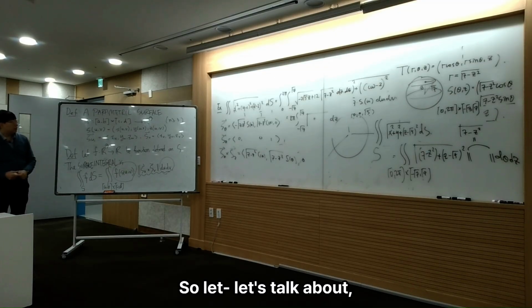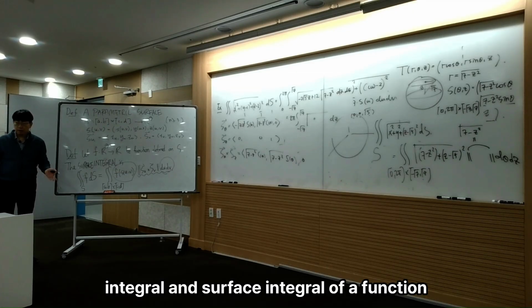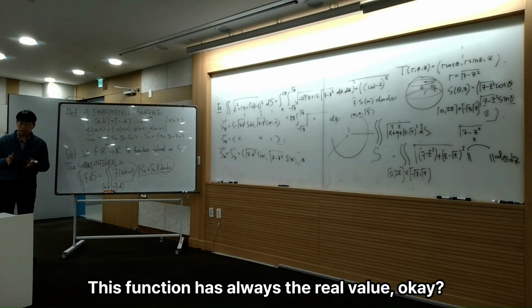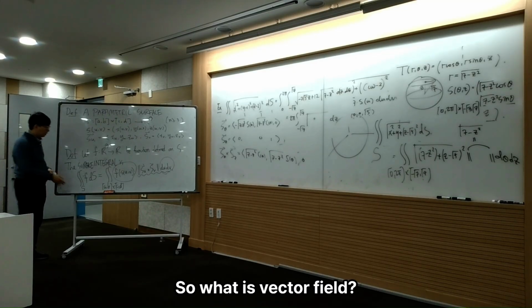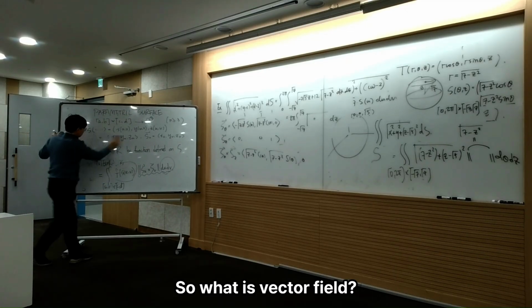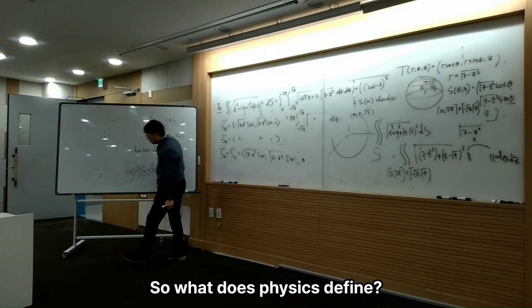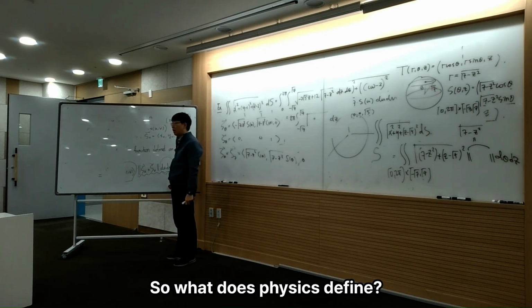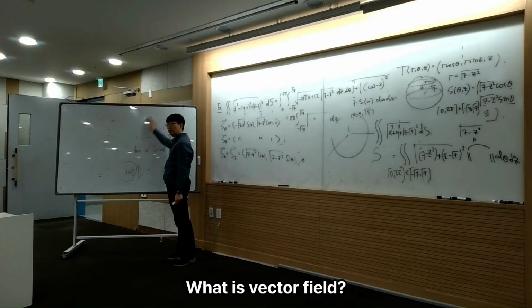So let's talk about, so far what we have talked about is line integral and surface integral of a function. This function has always been real valued, okay? But now let's talk about the integral of a vector field. So what is a vector field? How does physics define a vector field?